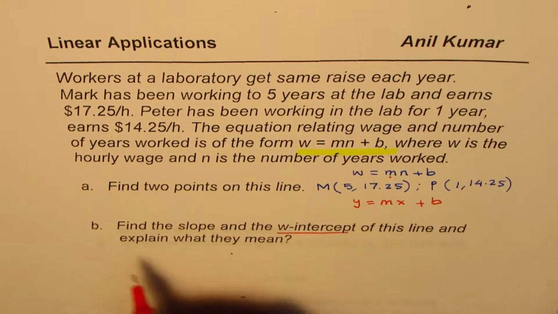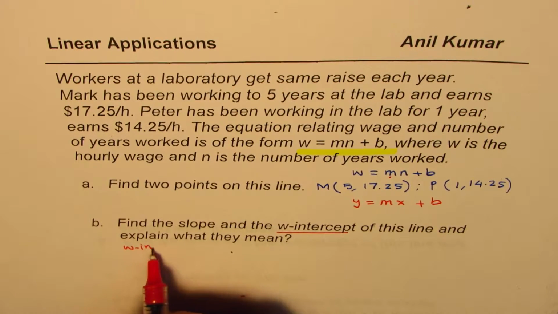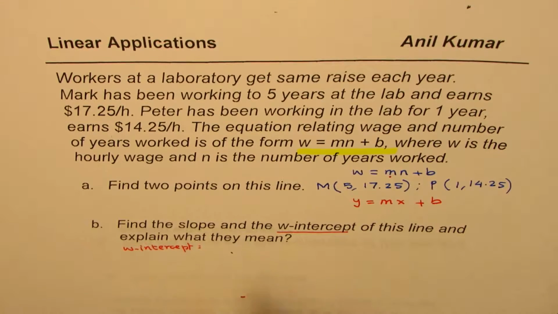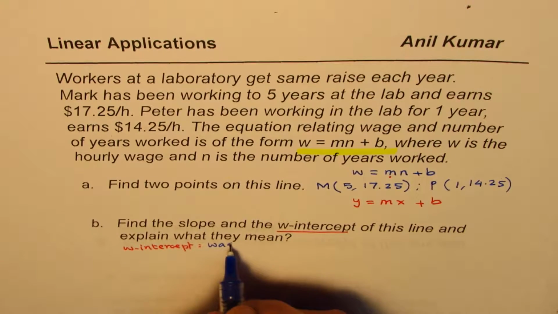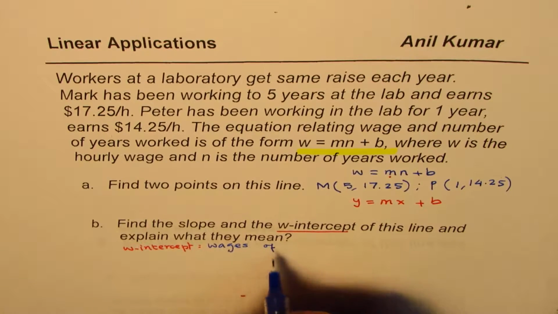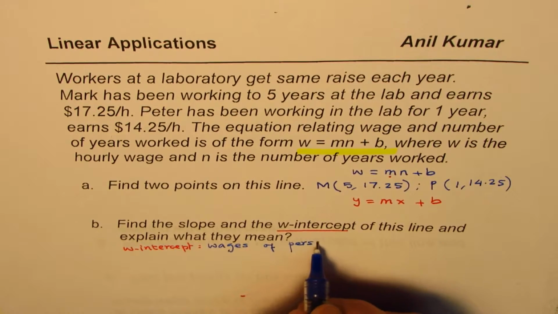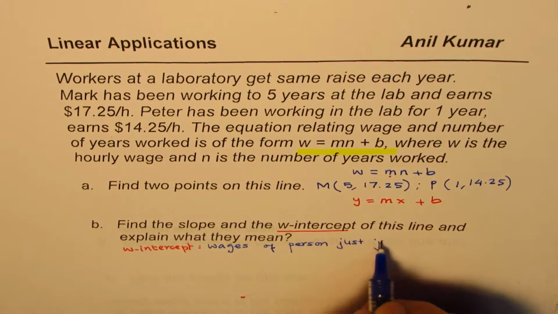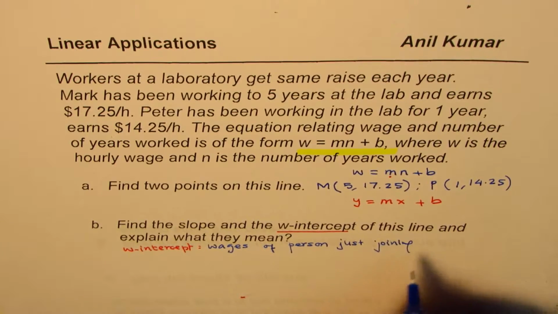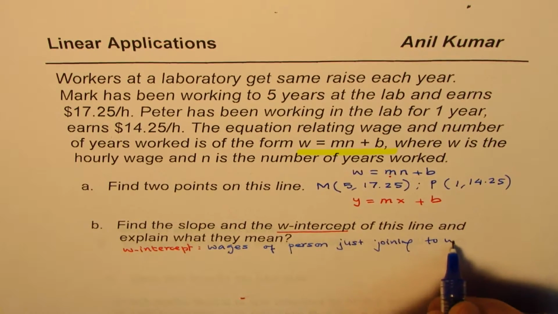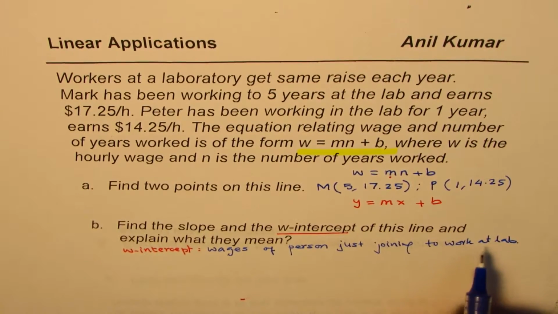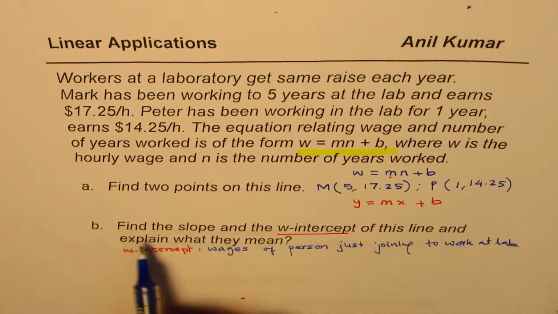So we'll write the meaning here. W-intercept means wages of a person just joining to work at the lab. And now find the slope.